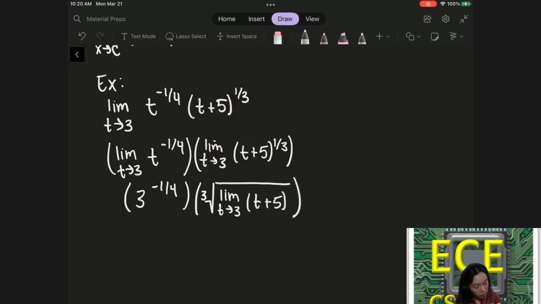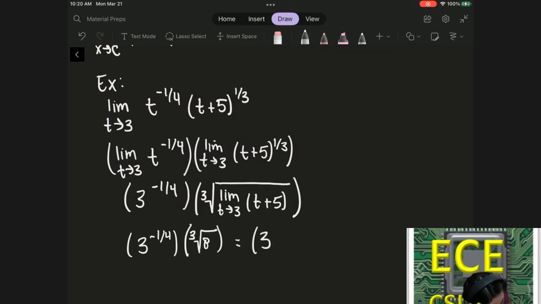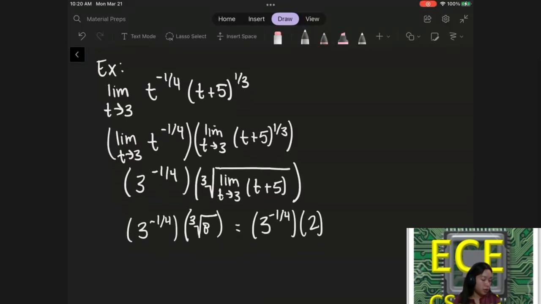And so that makes it easier. So that's 3 to the minus 1/4. The limit as t approaches 3 of this function is 8. So this becomes the cube root of 8. So this is 3 to the minus 1/4 times 2. And if I want to simplify it more, I could just put it as 2 over 3 to the 1/4, because it's a negative exponent. And so that's my limit.